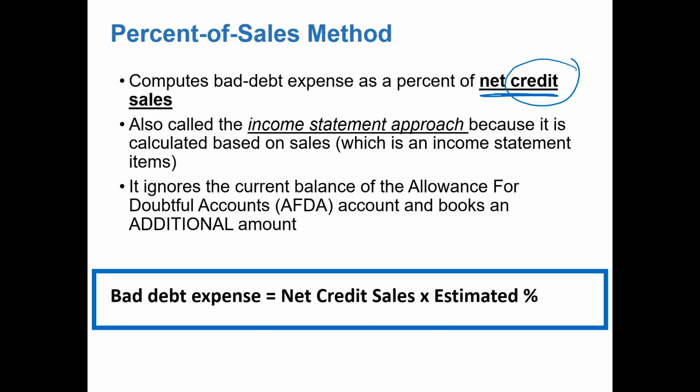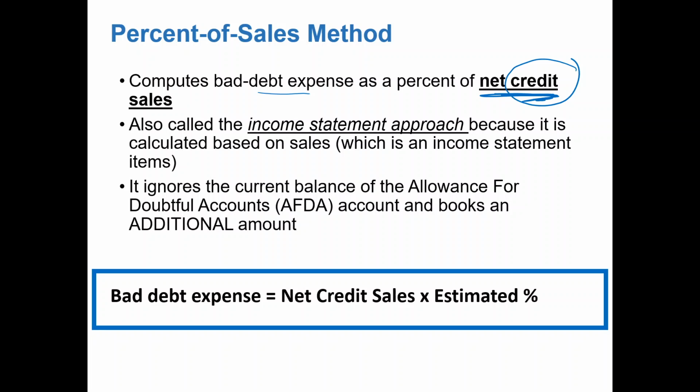And the reason for this is because if we've already had a cash sale, we've collected that cash, so there's no bad debt expense related to that. So we just use net credit sales or credit revenue. And if the question just tells you the sales amount, then you just use that. But if it tells you overall sales and the credit sales, you would use credit sales.